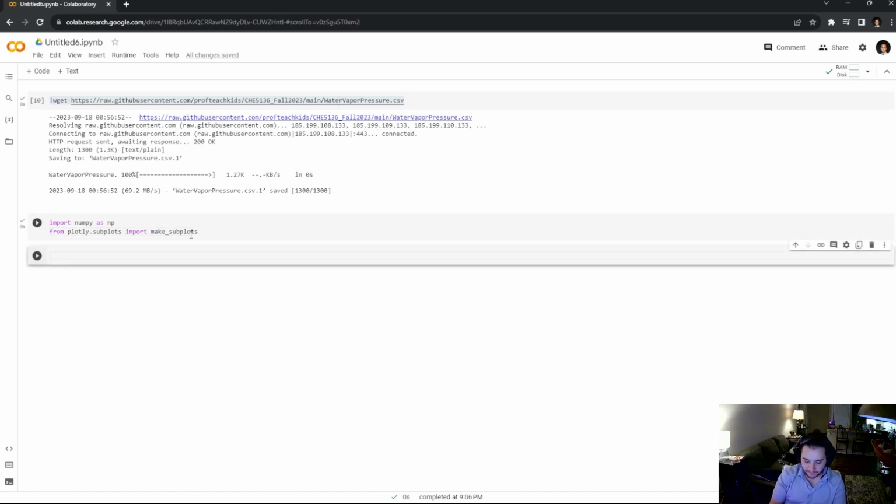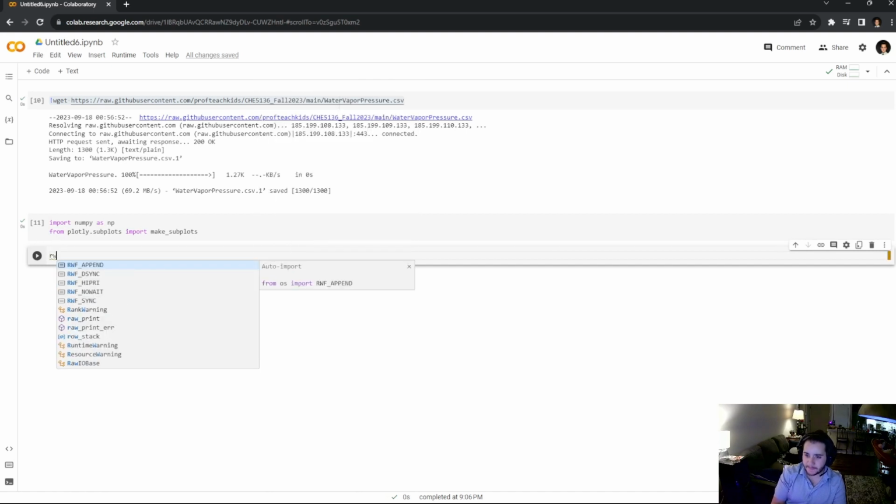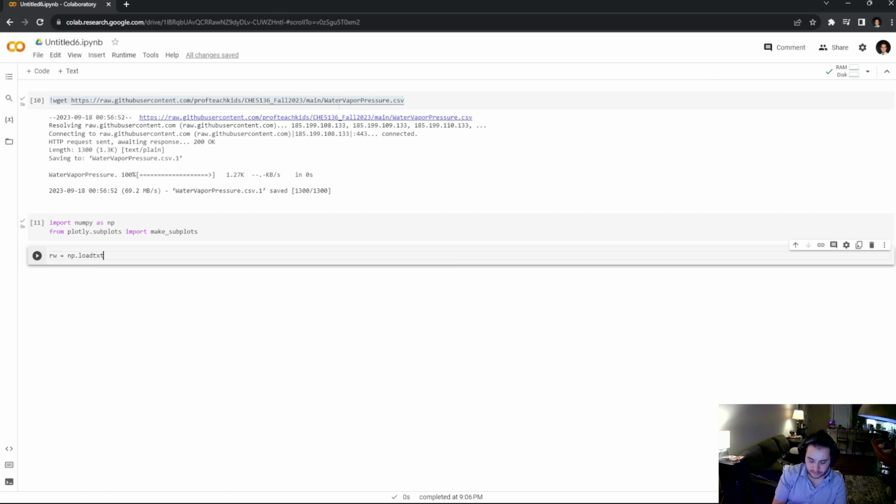Awesome. So now we'll name it RW is equal to np.loadtxt, water vapor pressure. Is that the name of the file? Yeah. CSV.